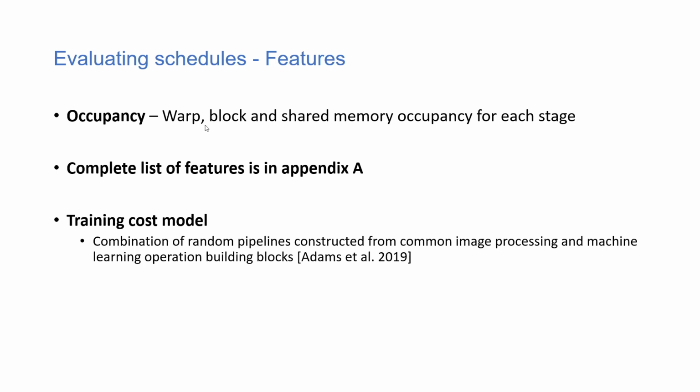Finally, they have occupancy features for block and shared memory for each stage, and the complete list is in Appendix A of the paper. And for training the cost model, they use random pipelines constructed from common image processing and machine learning operations, building blocks, and this, I understand, is inherited from the Adams 2019 Autoscaler.